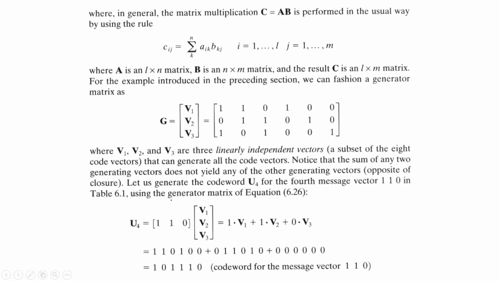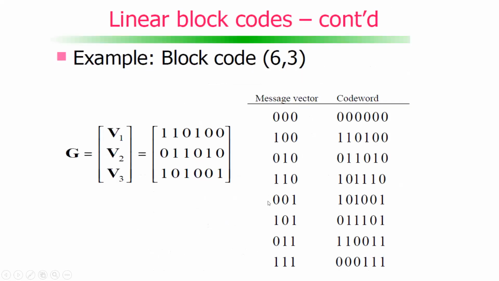That's the basic goal. These are the message vectors. Using this generating matrix, I can generate the code word set, because I know the generating matrix and the message vector, so I can get the code word by multiplying the message vector with the generating matrix.